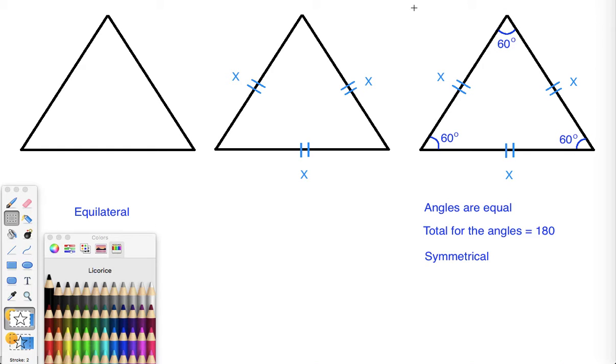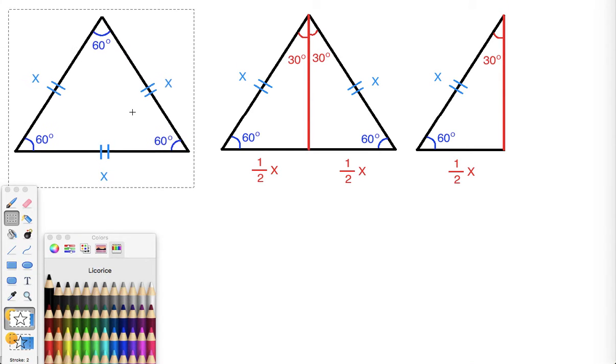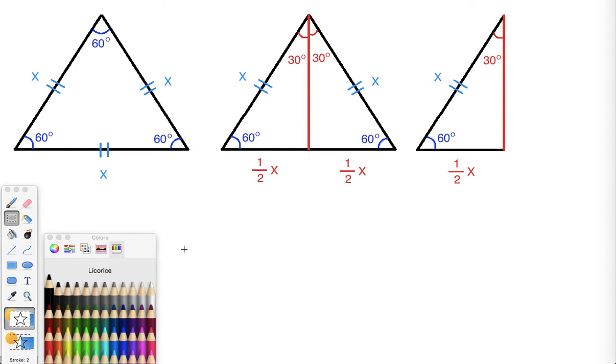Okay, let's continue with this picture. So, if I have that shape right there, paste it here in our new one. Okay, so we said that this triangle here is symmetrical.